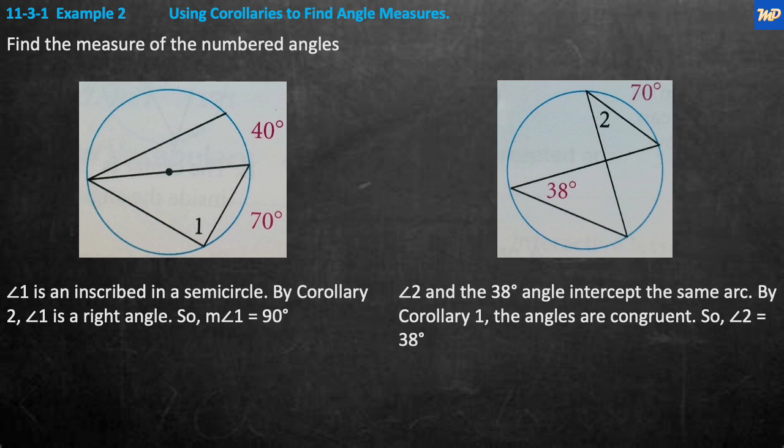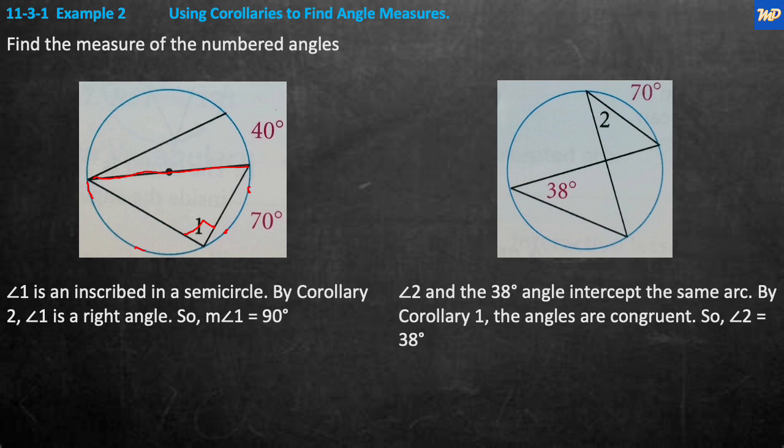Well, here we've got it. This line right here is the diameter. It goes, as you know, through the center of the circle, creating a hemisphere. So this angle is inscribed within a hemisphere. And if it's inscribed within a hemisphere, that makes this angle 90 degrees. That's by corollary 2. Okay?